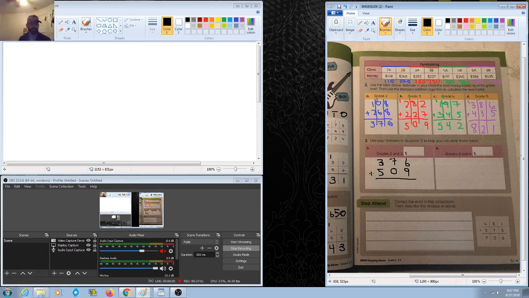Alright, so 6 plus 9 is 15. So we will put the 5, carry the 1. 1 plus 7 is 8, but again, that represents 8 groups of 10, so this is going to be 80. And now, because 8 is a one-digit number, we don't have to carry anything. And then 3 plus 5 is 8 as well. So our total is 885.